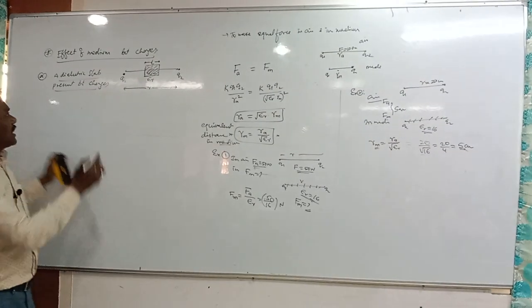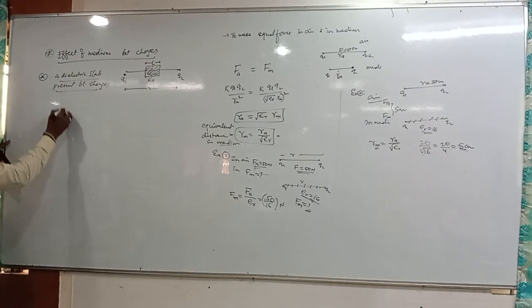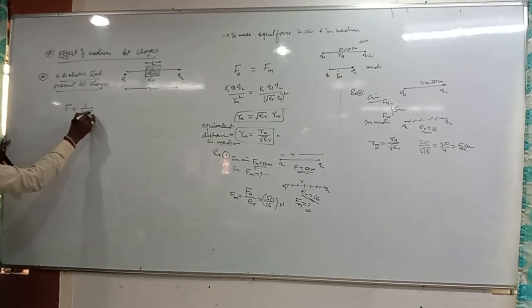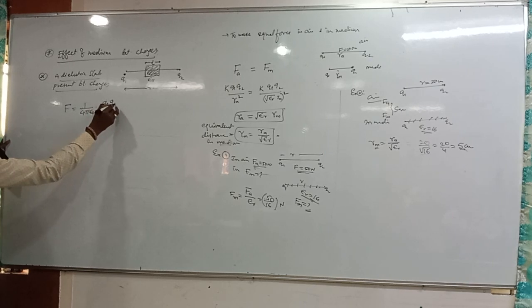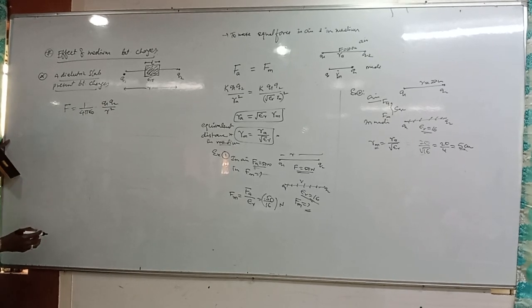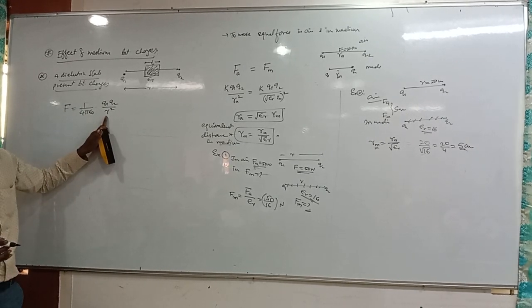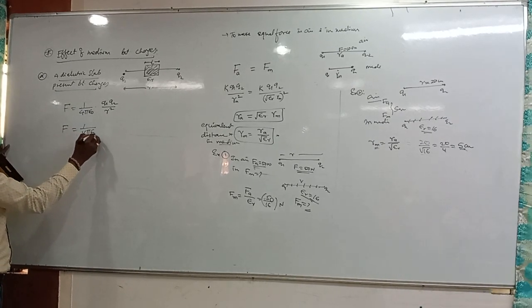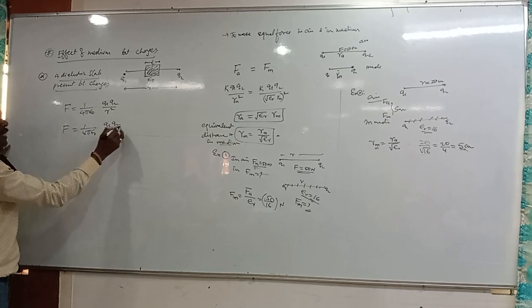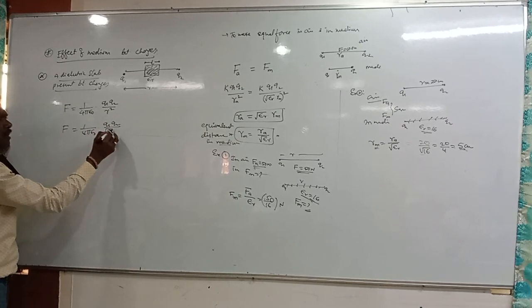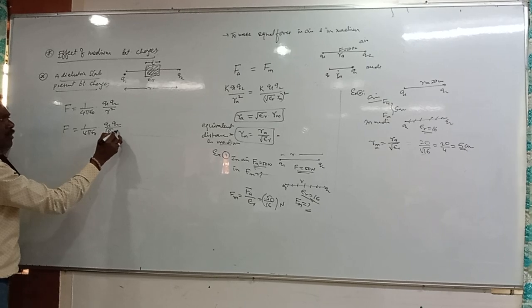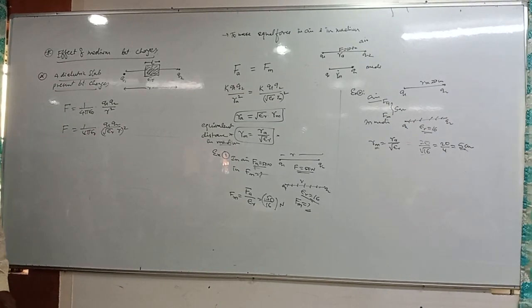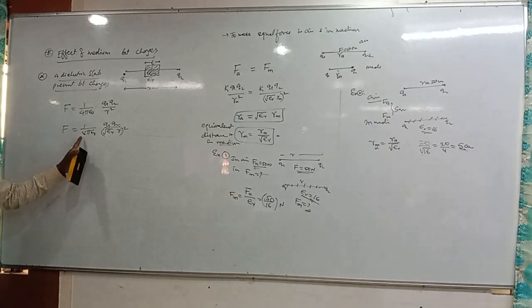See the difference here: in the medium, F equals 1 by 4 pi epsilon naught into Q1 Q2 by root epsilon r into r, whole square.